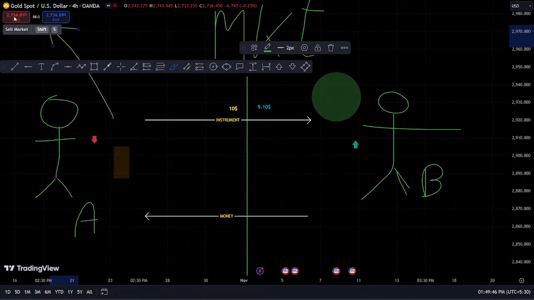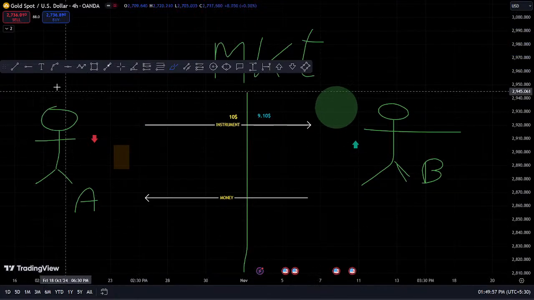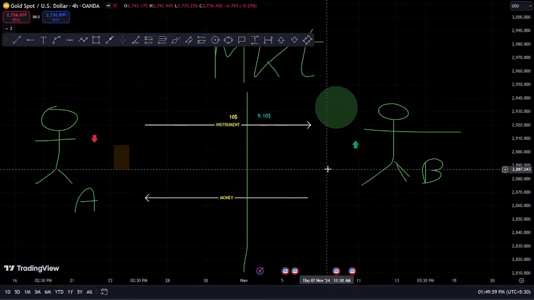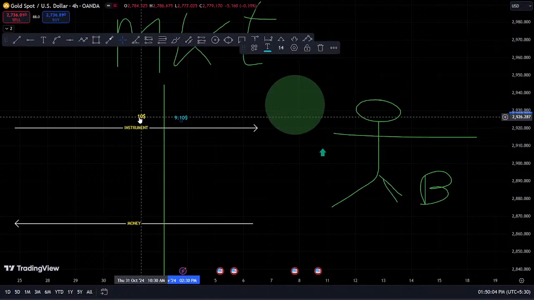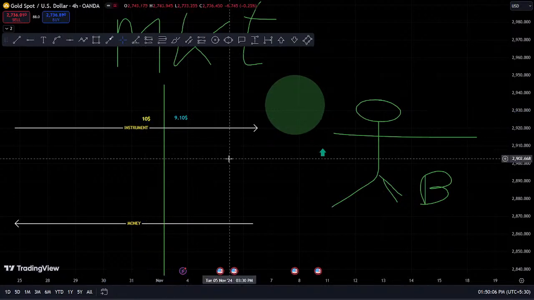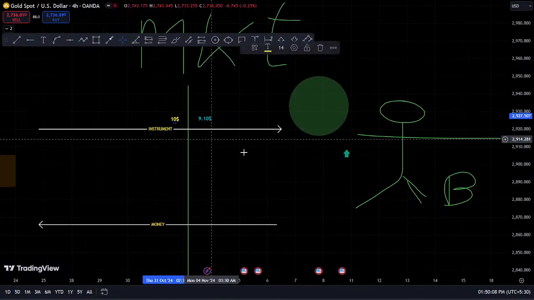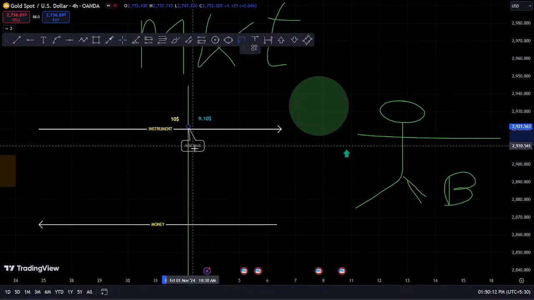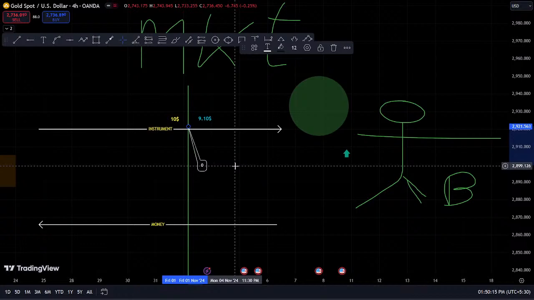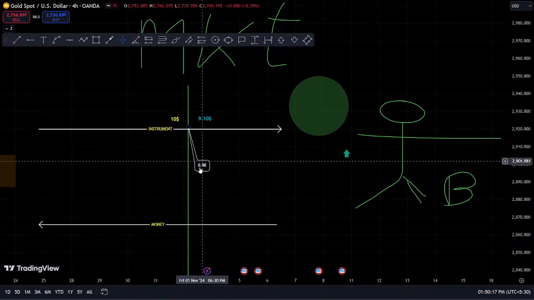A person is ready to buy this thing at 2736.010, and a person is trying to sell this thing at 2736.890. So here, the person is bidding for $9.10. Now we are asking him to pay a price of $10. So what is the difference? The difference here is 0.90, and this is called the spread.